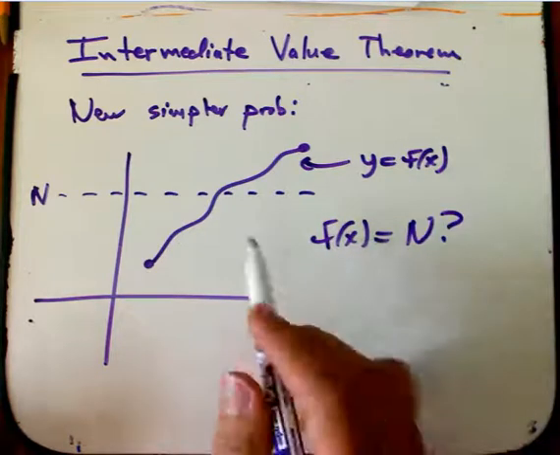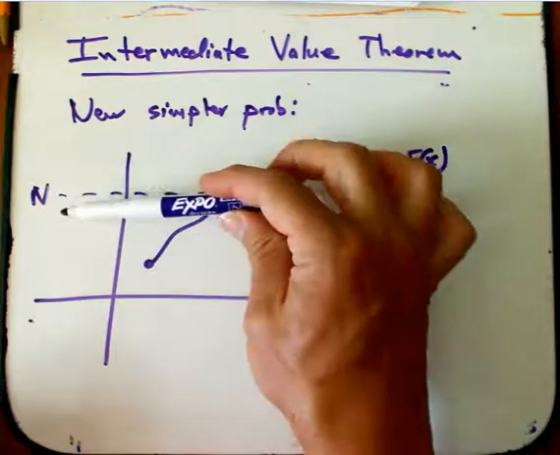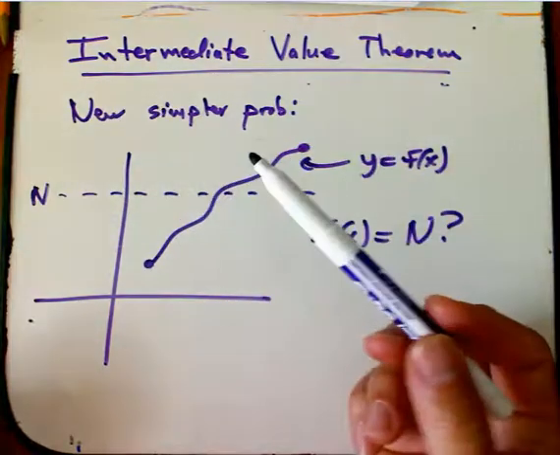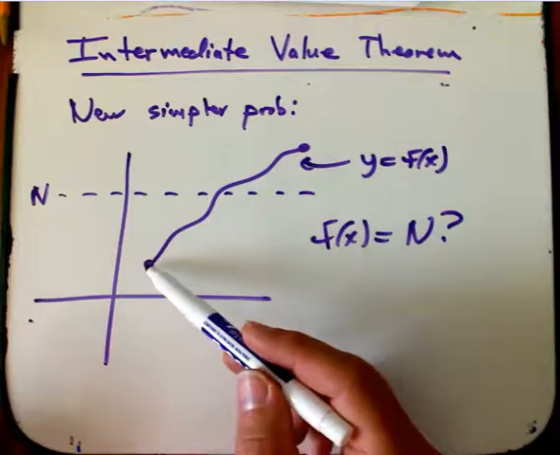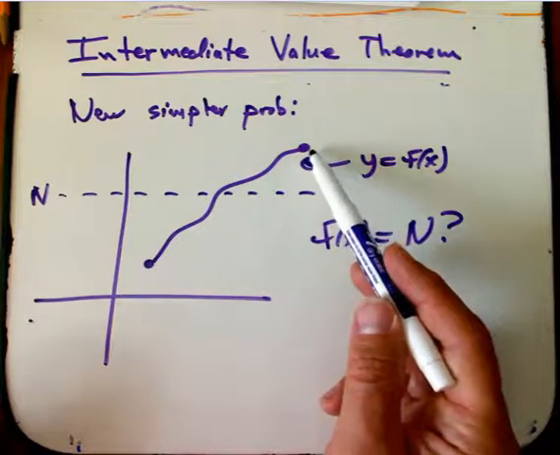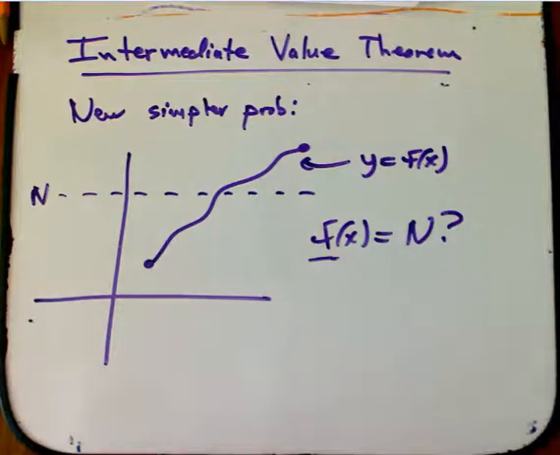Or graphically, when can I claim that it must cross a certain horizontal line? And we're just going to end up saying in precise terms that that's going to happen if I start on one side and then end up on the other, as long as I know that f is a continuous function. So let's start the next video with that precise statement.